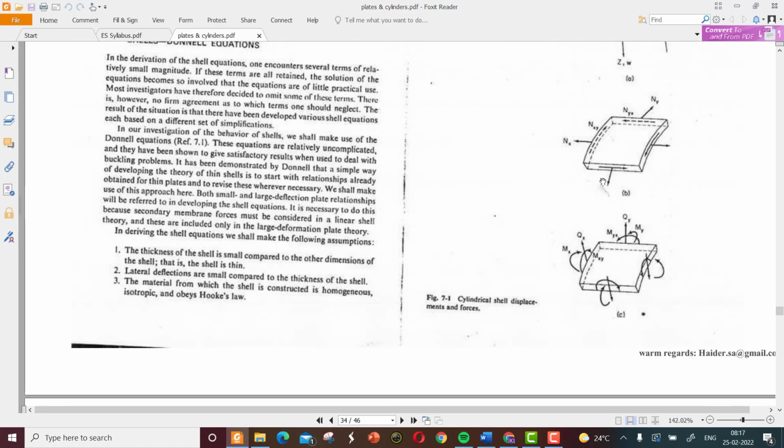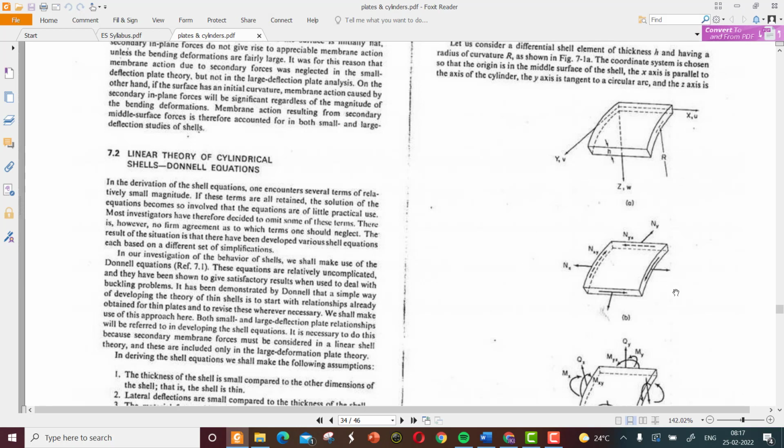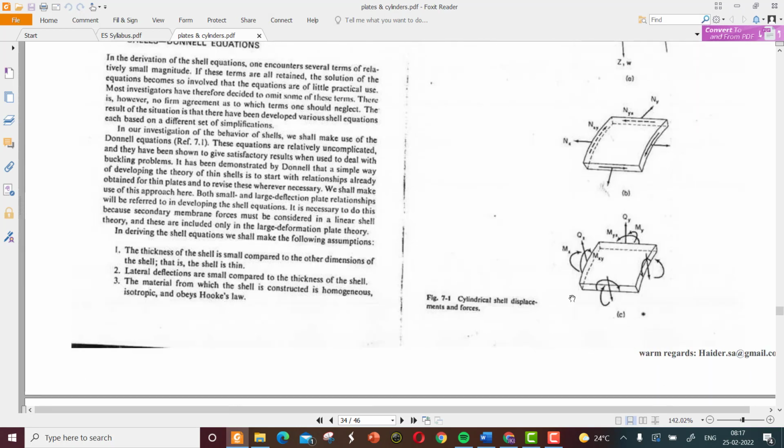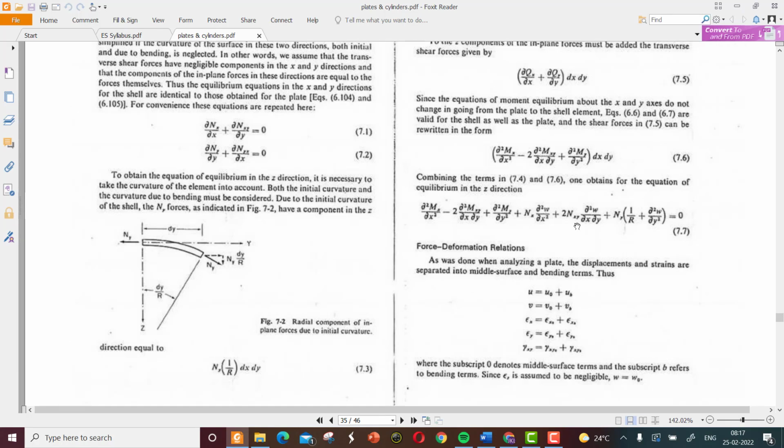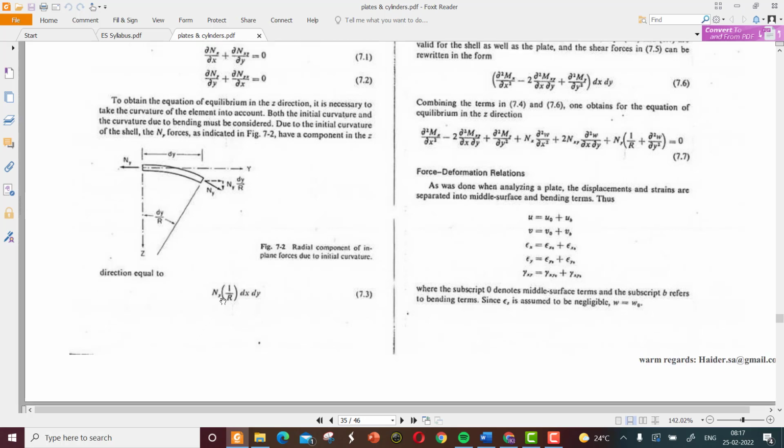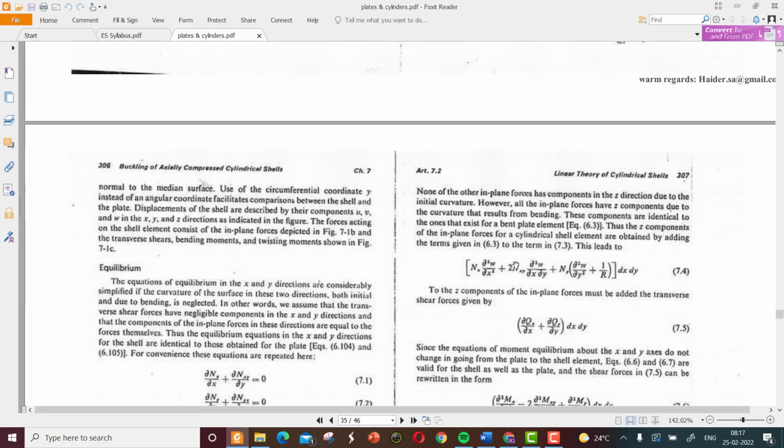The Ny force is perpendicular to the screen, and they have a component in the z direction. We have Ny here, dy by r is the angle, and the component is equal to Ny into 1 by r dx dy, which will be the component of the Ny forces in the z direction.